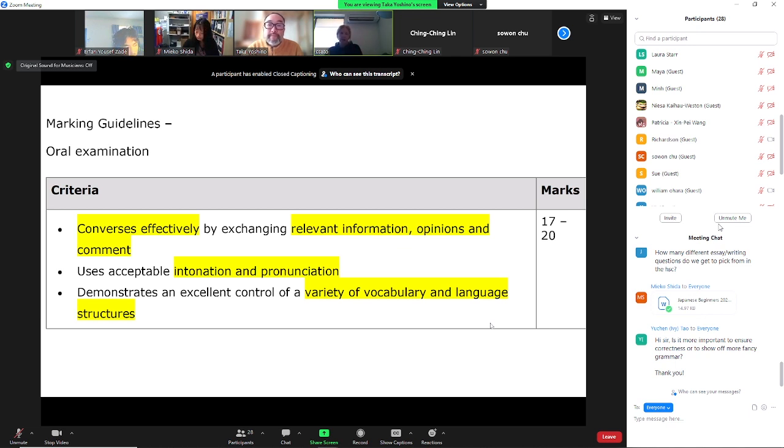The wording before had used the word correct. I mean, my student has great pronunciation, so he doesn't have to worry about that. But some of the other students do.